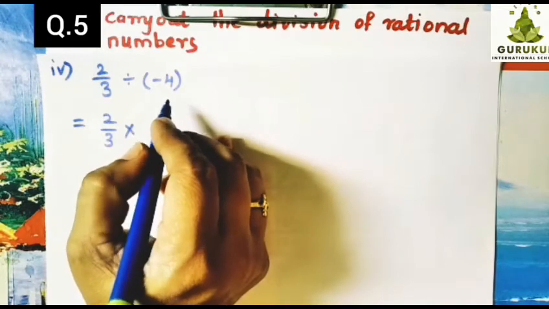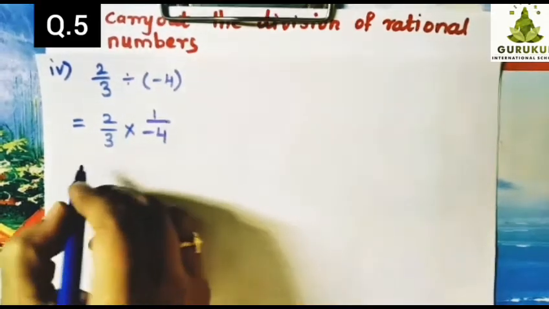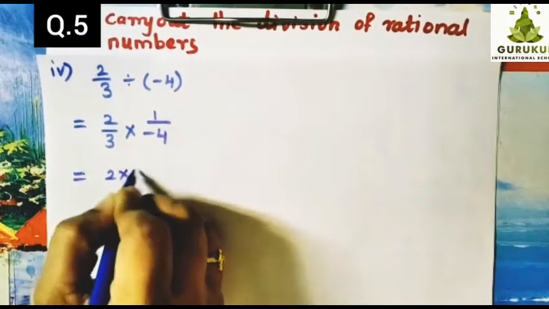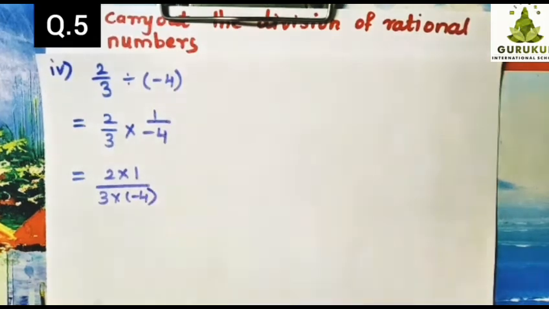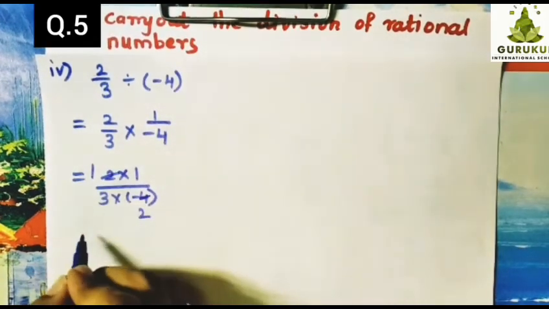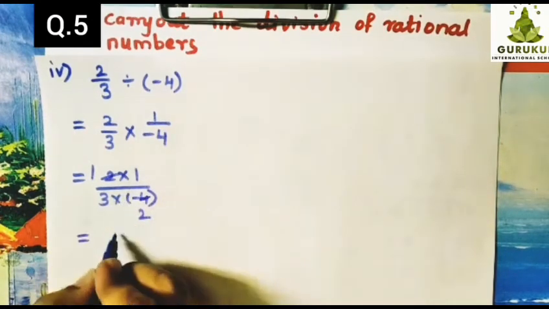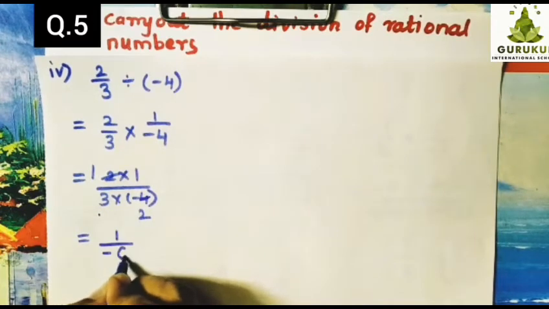So the inverse for minus 4 will be 1 upon minus 4. So 2 into 1 upon 3 into minus 4. Then cancel. 2 ones are 2, 2 twos are 4. So what remains? 1 into 1 will be 1 and 3 into minus 2 will be minus 6.